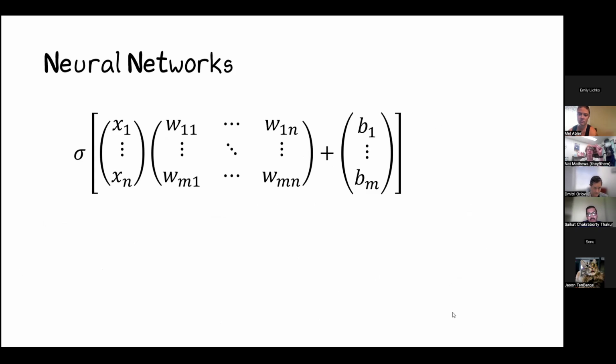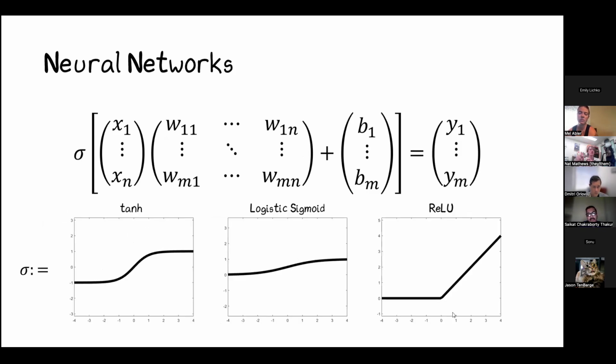You do Ax plus b, and you get a bunch of elements of a vector. And then you apply the hyperbolic tangent or the sigmoid or the ReLU on every element of the vector individually.